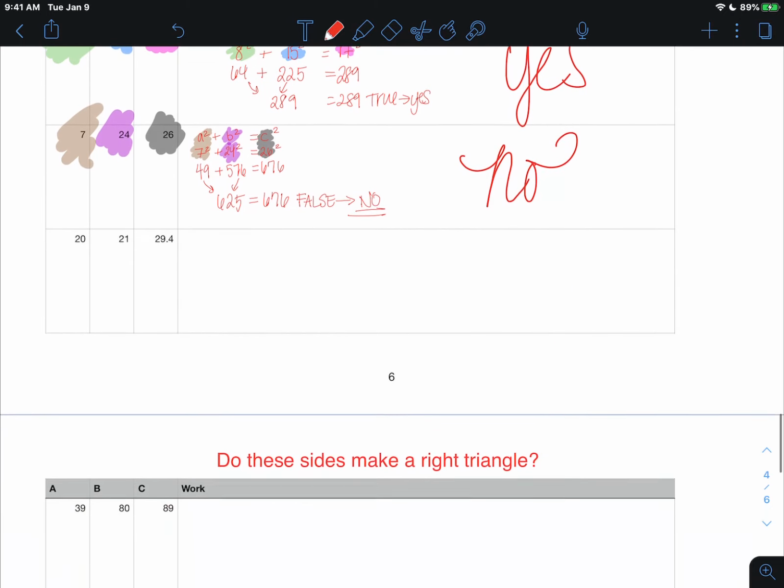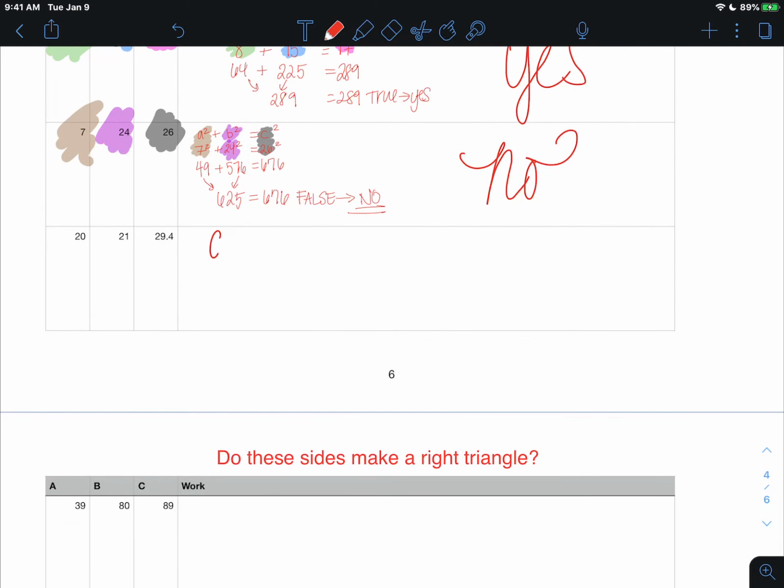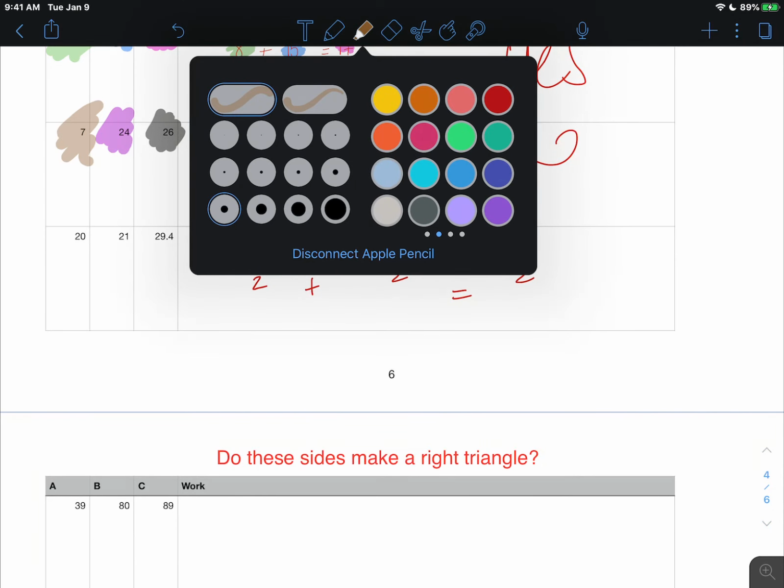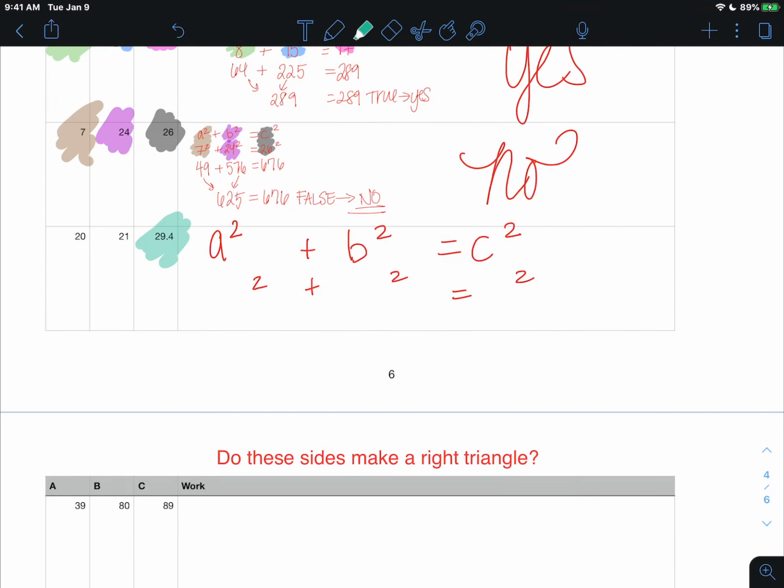Let's try this guy down here. So a squared plus b squared equals c squared. Let me write out everything. Okay. Go ahead and load up our numbers. Biggest number is always my c.